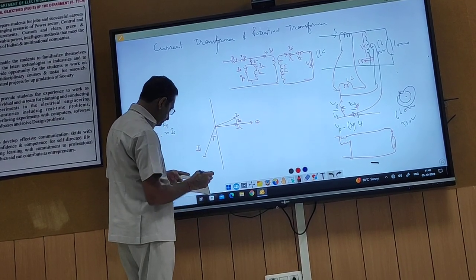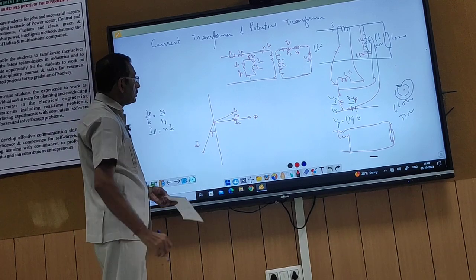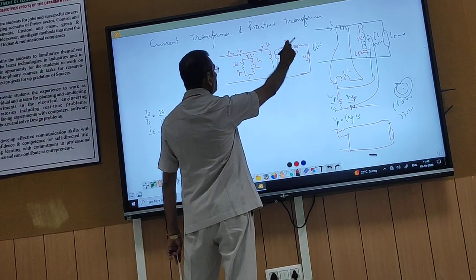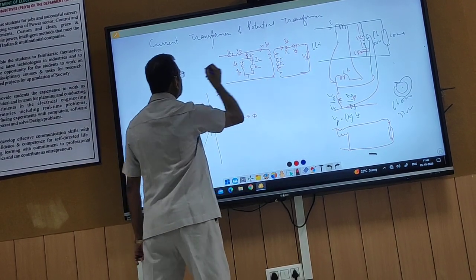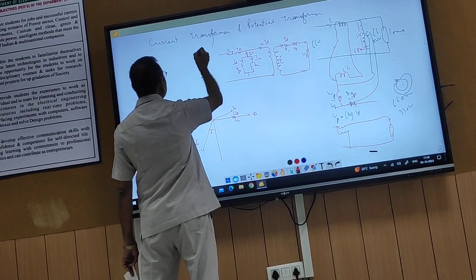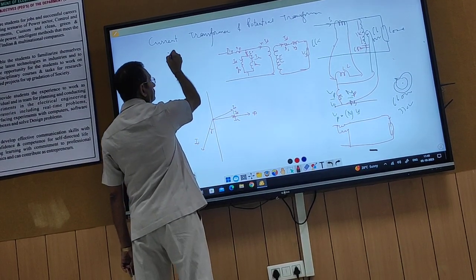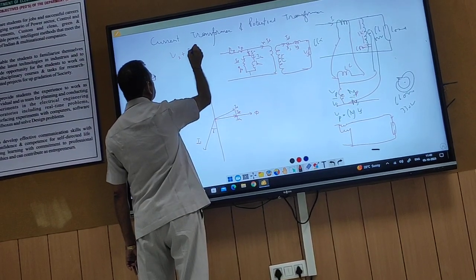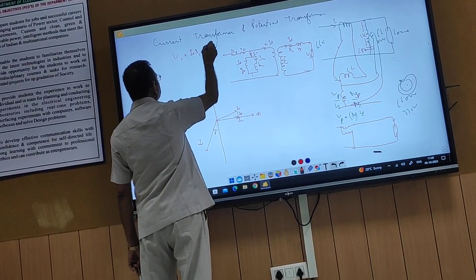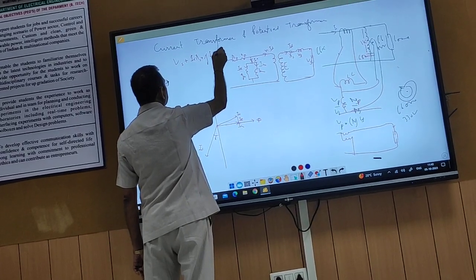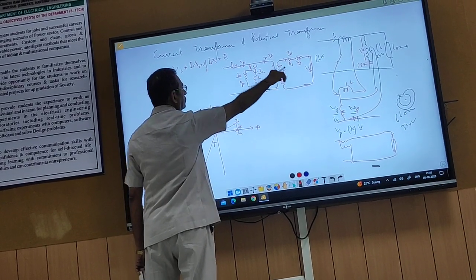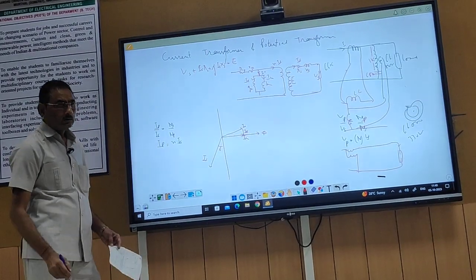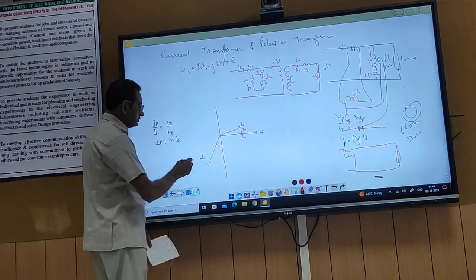So you can say, if you write the equation for this, Vs plus Is Rs plus j Is Xs is equal to E. Okay, what does this mean?